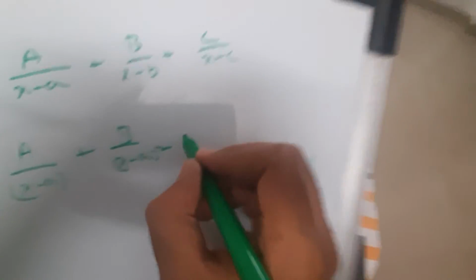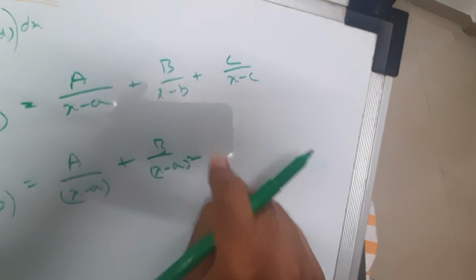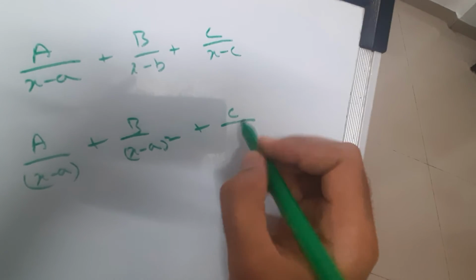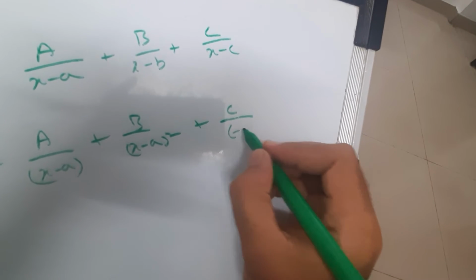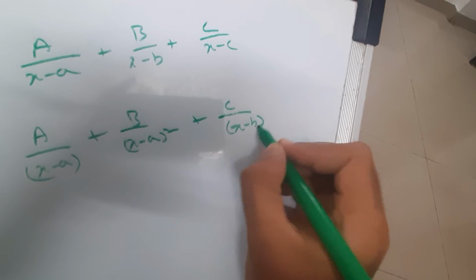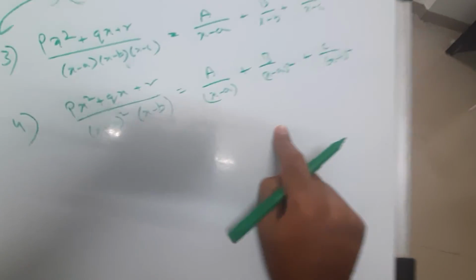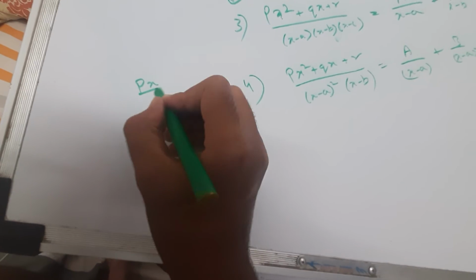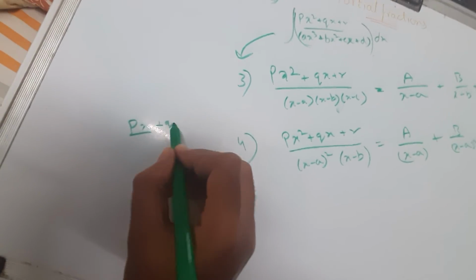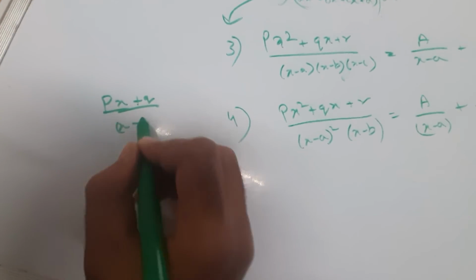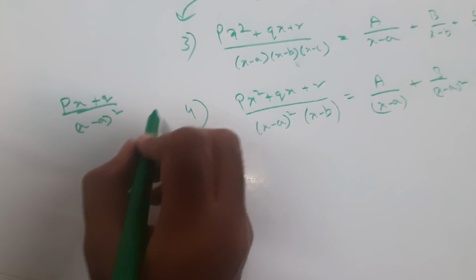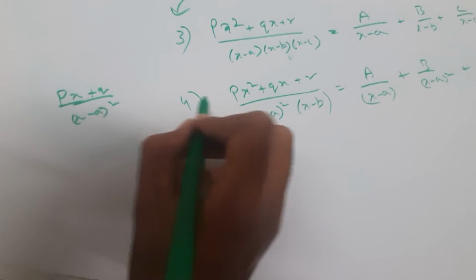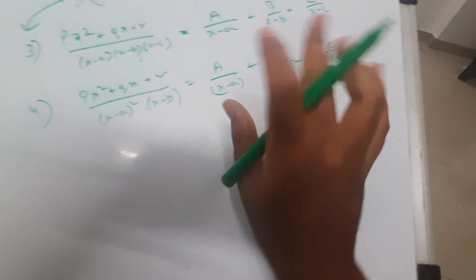You're doing it twice because, as I told before, plus C/(x-b). I might have made a mistake in type 2. Type 2 is just (px+q)/(x-a)^2, so you'll just do A/(x-a) plus B/(x-a)^2. There was no C, alright? Forget it.